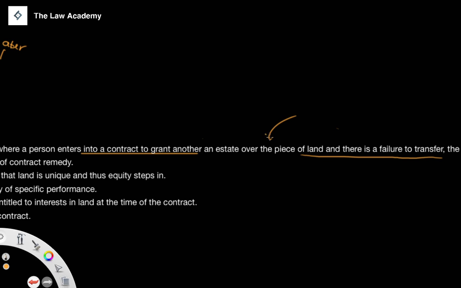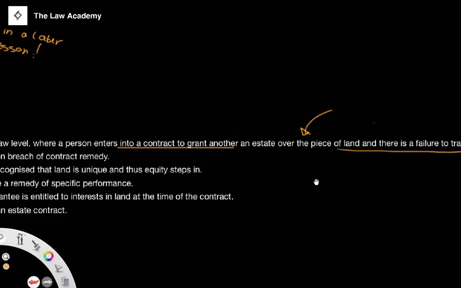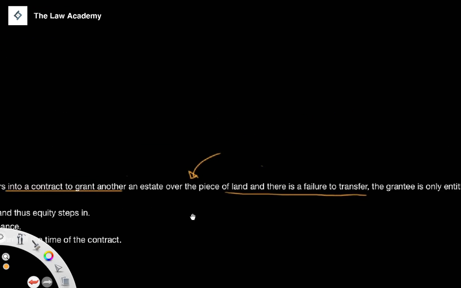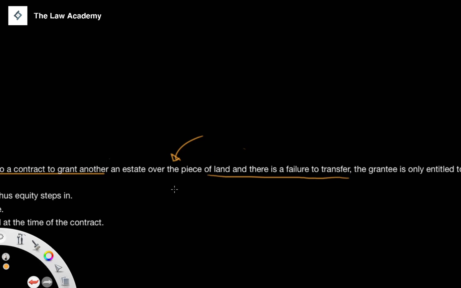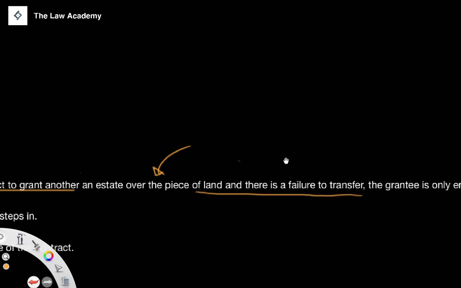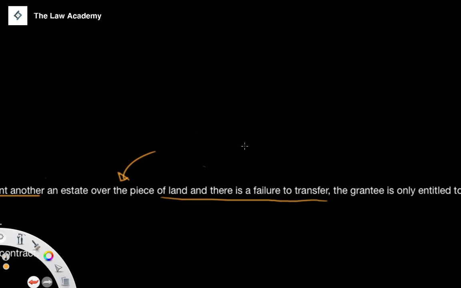So effectively, in a situation where a contractual obligation is created, whereby you are granting an estate over a piece of land, and you breach that contract by failure to transfer, the grantee, the person who is receiving the estate, at the common law level is only entitled to simple breach of contract remedies.